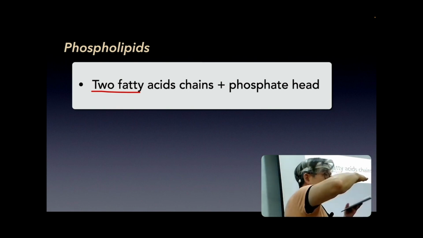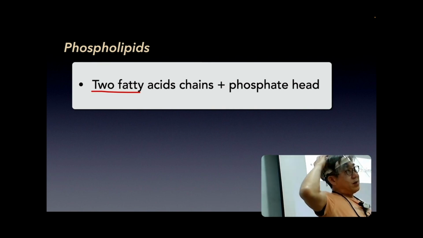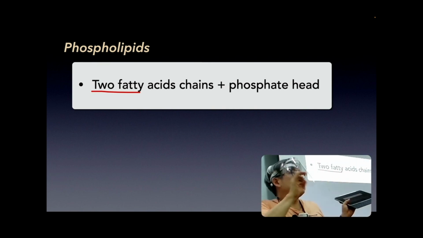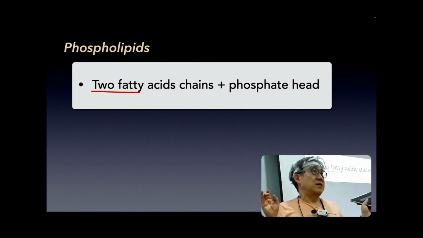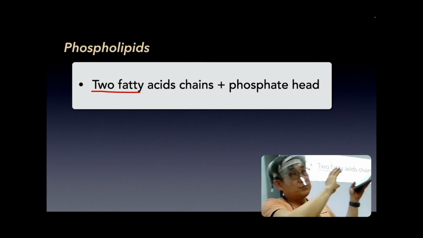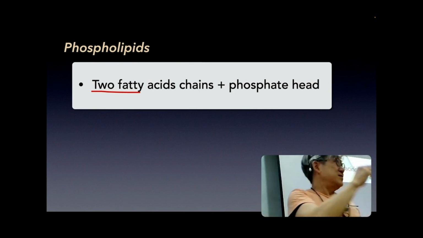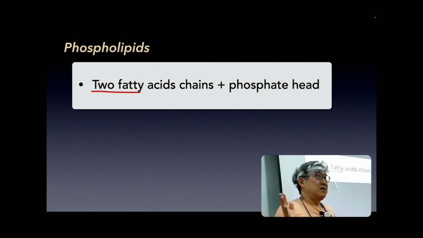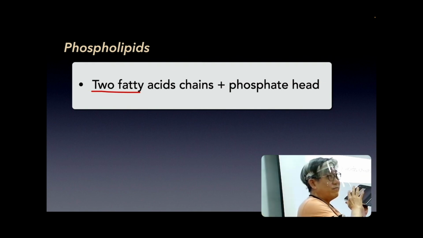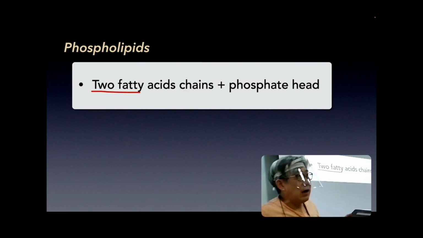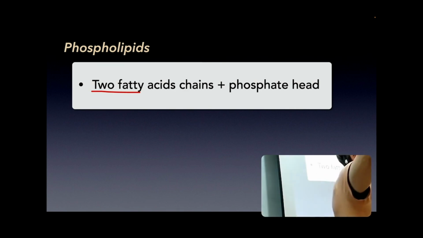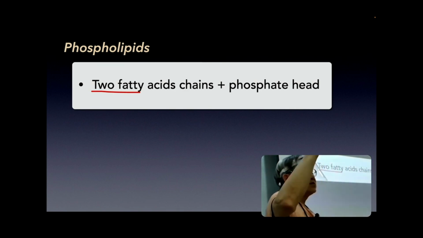So basically, this phospholipid, which is really great for our own sake of survival, has basically the same fatty acid structure as the regular fat, but one outlet is diverted to combine with something else.